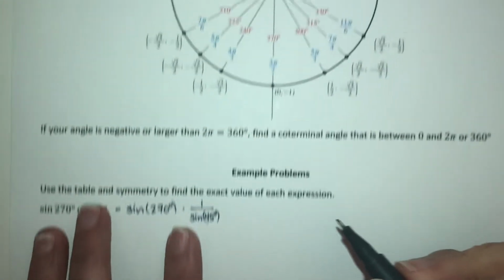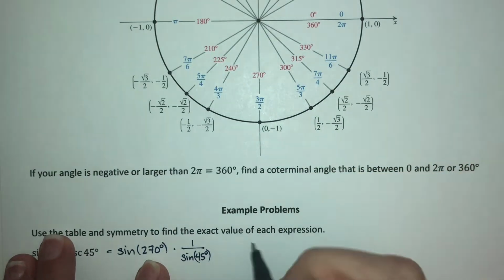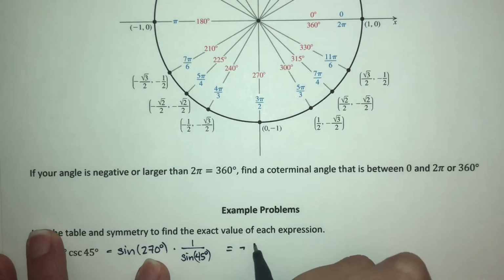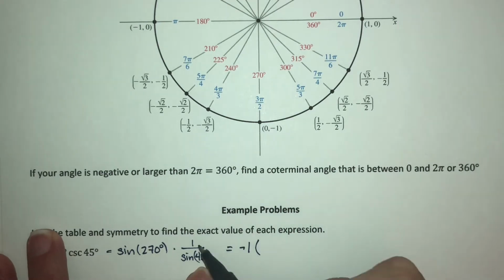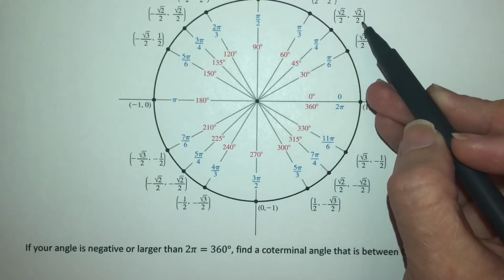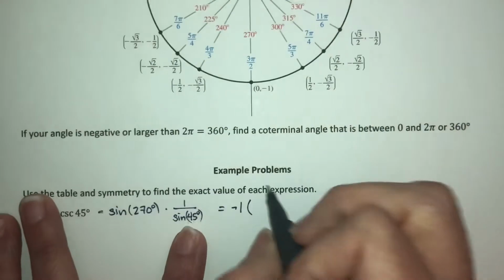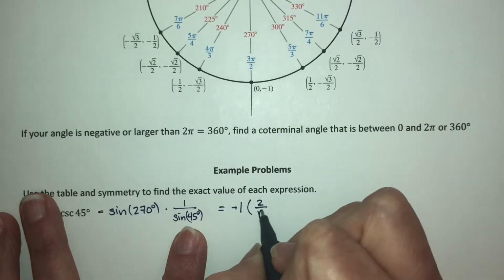Sine of 270 degrees, sine is your y value, so that's -1. So this is -1 times 1 over the sine of 45 degrees. Sine of 45 degrees is square root 2 over 2, and the reciprocal of that would be 2 over the square root of 2.